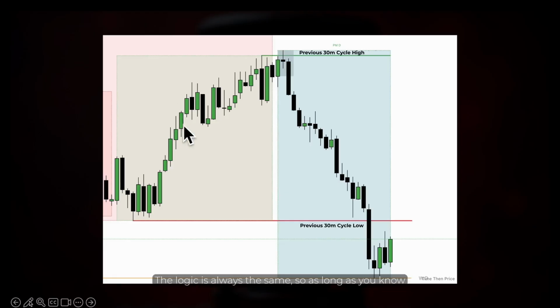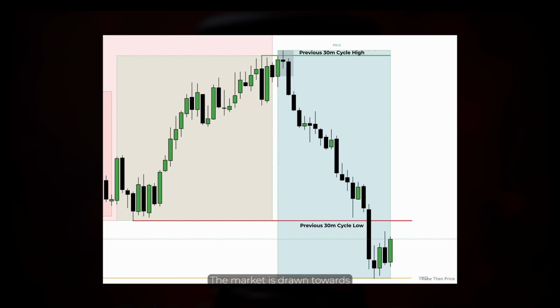So as long as you know that these boxes represent time cycles, you can analyze why the market opened up higher throughout the next blue box, took out the previous cycle high, and then reverted towards the downside. Why? Because you understand that we are seeing an open high, taking out the previous 30-minute cycle high in this case, followed by a reversal drawing towards where?